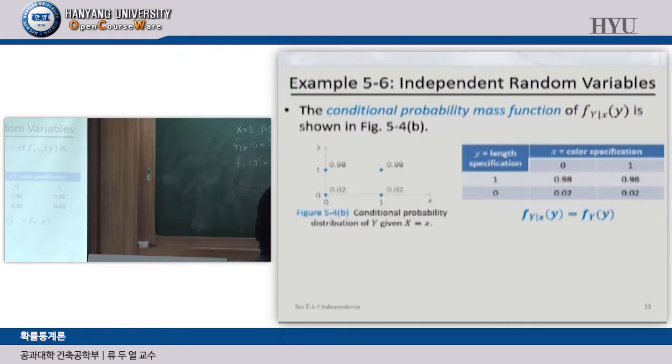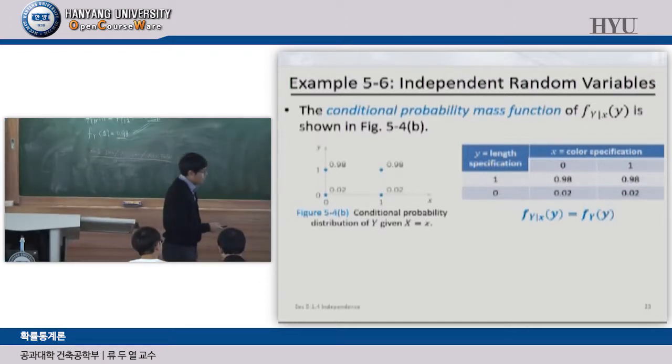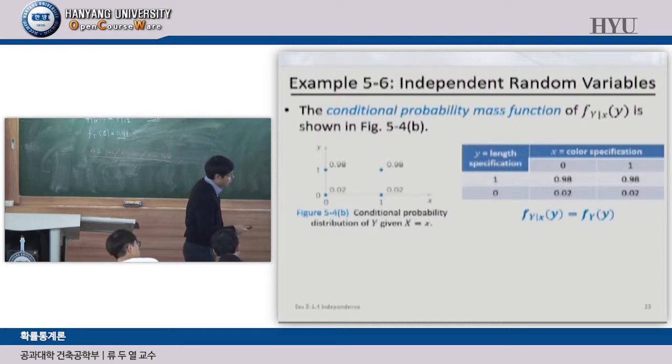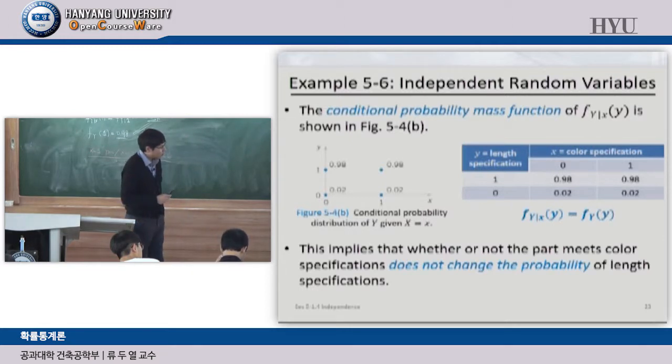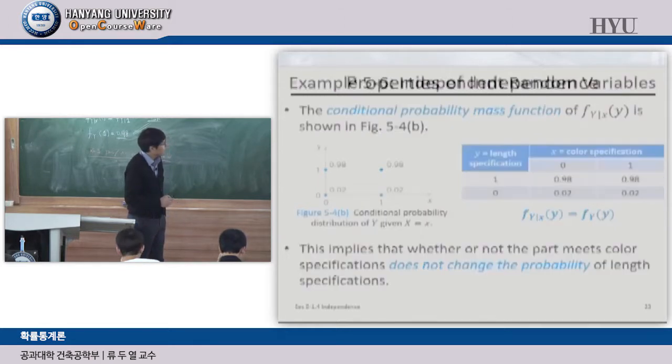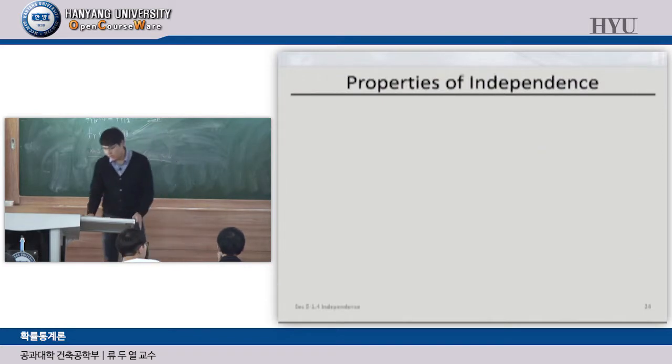So, in the case of independence, the conditional probability mass function is equal to the marginal probability mass function. That's the requirement. So this implies that whether or not the part meets color specifications does not change the probability of the length specifications. So this is the example of independence.